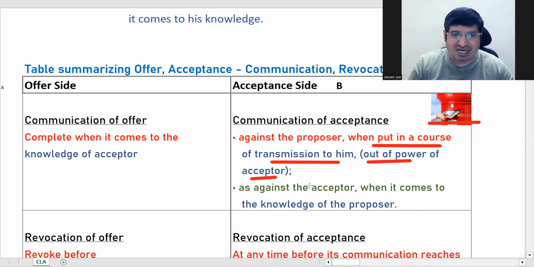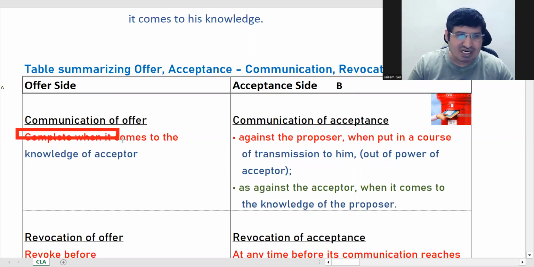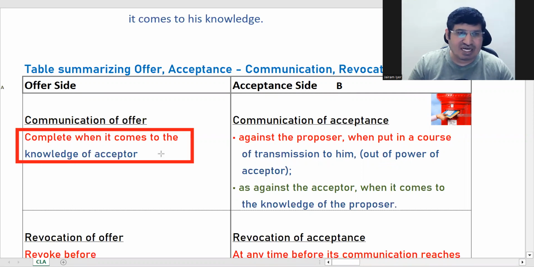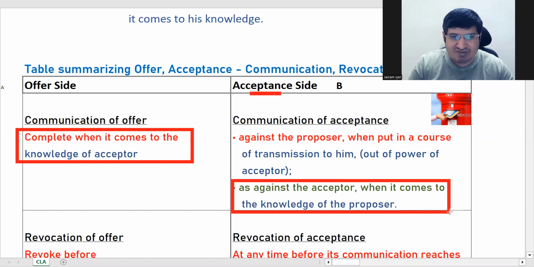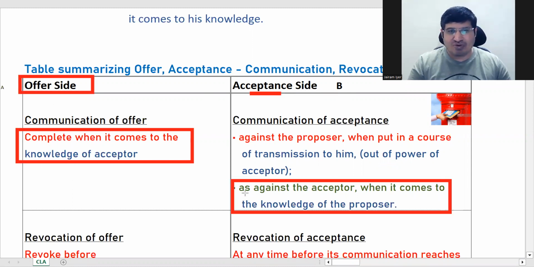Now as against the acceptor, it will be same as your offerer. When the offer was communicated, it was completed when it came to the knowledge of the acceptor. So here, as against the acceptor, it is complete when it comes to the knowledge of the proposer. That's all. The second point is exactly the reverse of this.